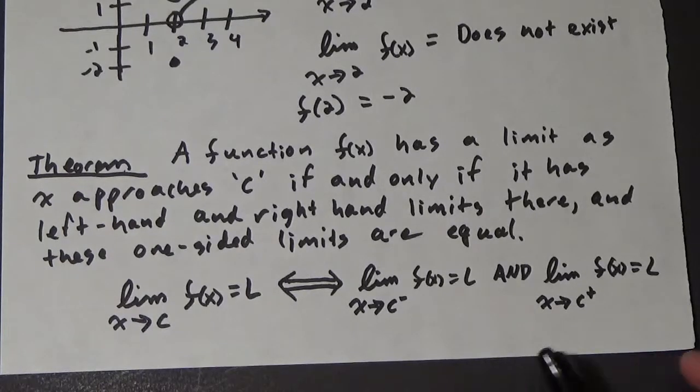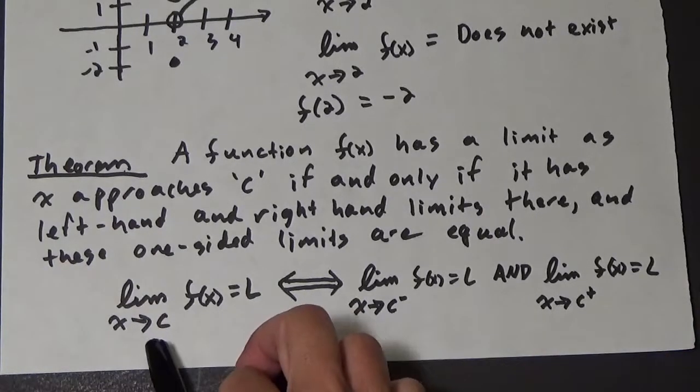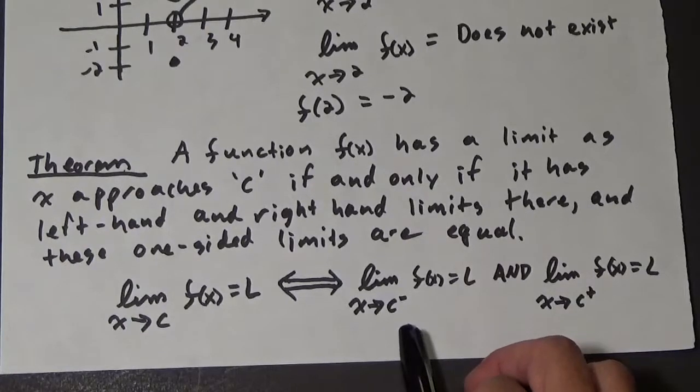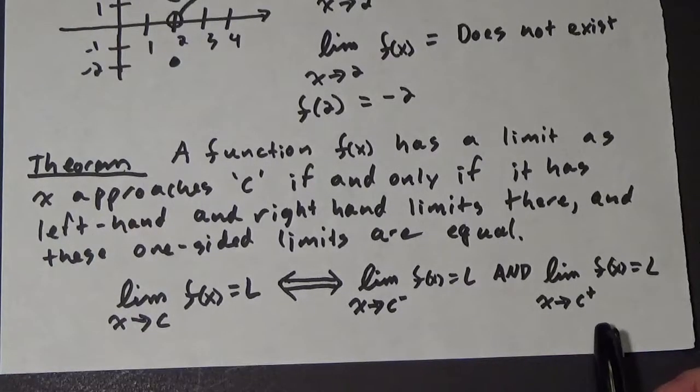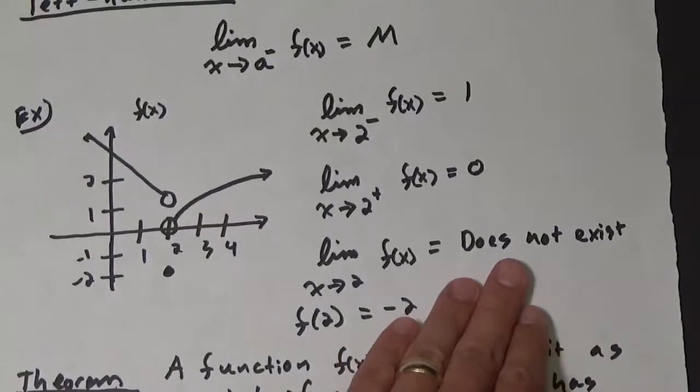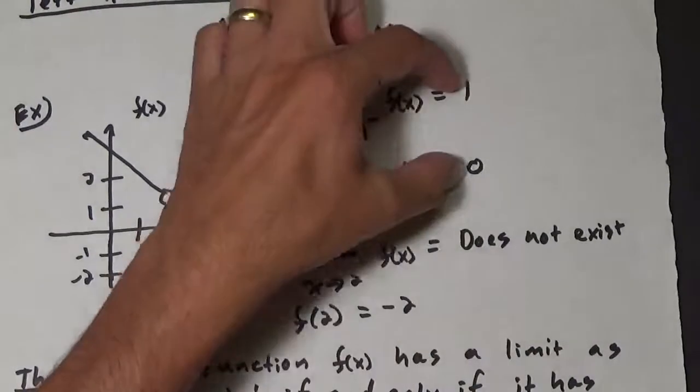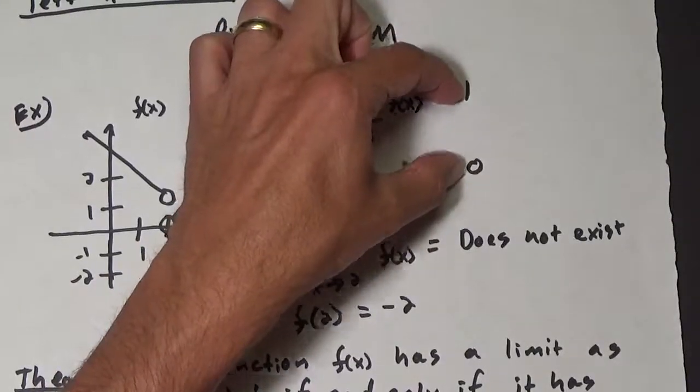It's saying that in order for a limit to exist, the left-hand limit has to exist, the right-hand limit has to exist, and they both have to be the same value. Hence this limit doesn't exist, because these two limits exist, but they're not the same value.